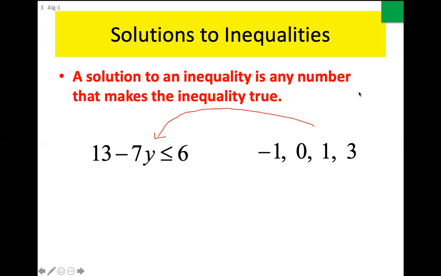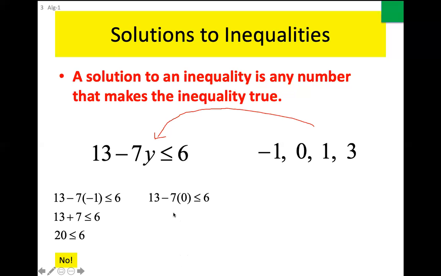So let's see, the first one. If we throw -1 in for y, so it'll be 13 minus 7 times -1. A negative times a negative is a positive, and 20 is definitely not smaller than 6. So that one's no. 3 left.